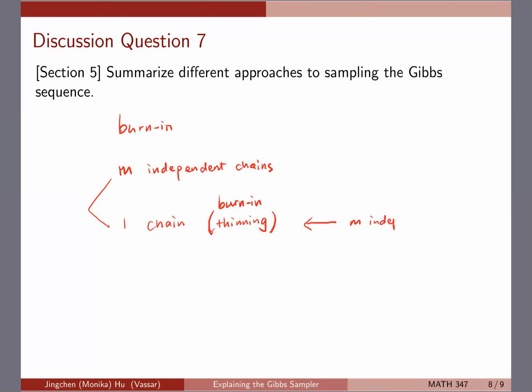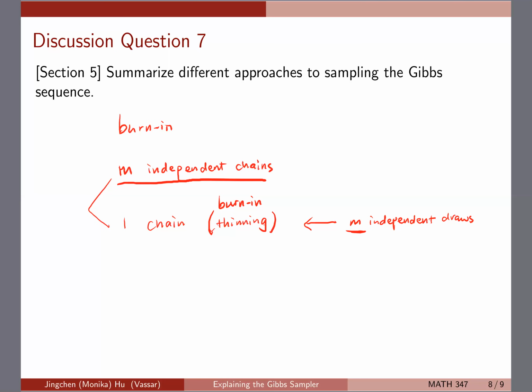At the end of the day, we know that the Gibbs sampler is trying to get independent draws, or almost independent draws. So if our goal is to get M of them, either you run a super long chain, do the burn-in, do the thinning so you get M independent draws in the end, or you run M independent chains and only save the last draw.